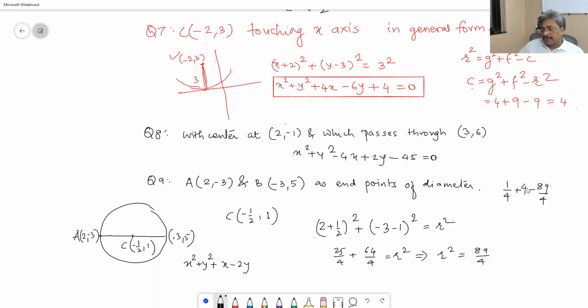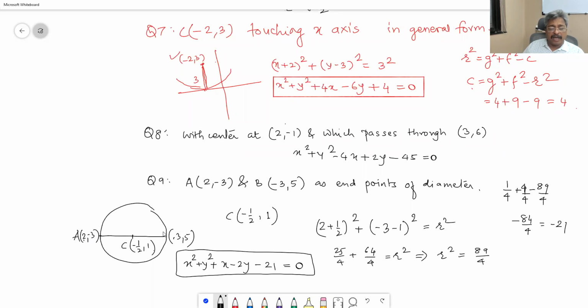So this is 4 by 4, 5 to be removed from 89, so minus 84 by 4, which is equal to minus 21. Minus 21 is equal to 0. That is your equation of the circle in diameter form.